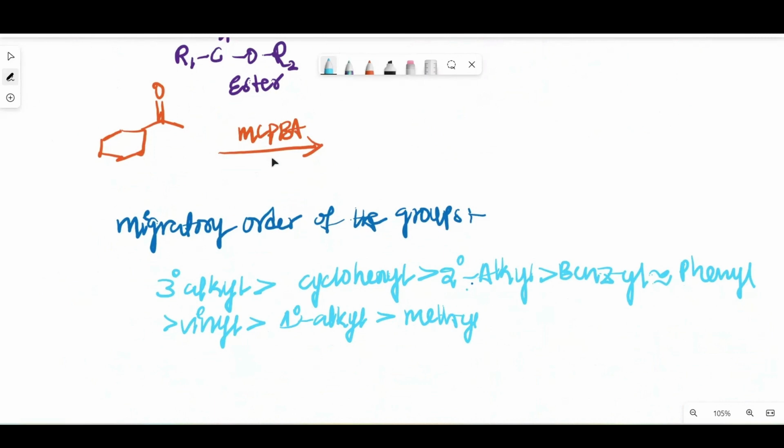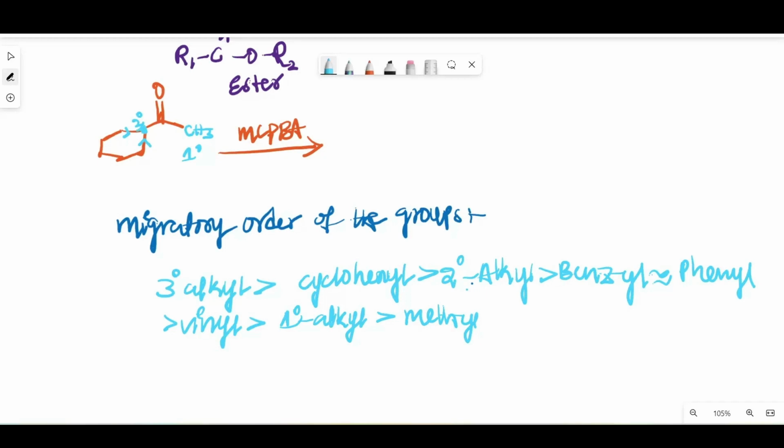Here we have the CH3. It is a primary carbon. This carbon is a secondary carbon. So here it is more electron rich, because see, these groups are donating to this carbon, so this is becoming more electron rich.